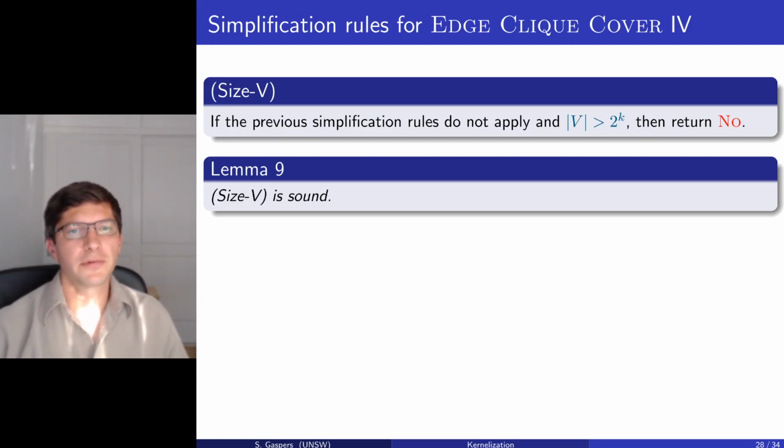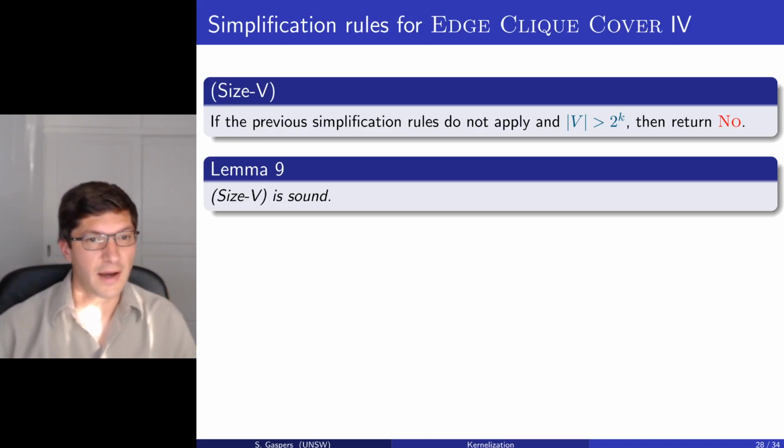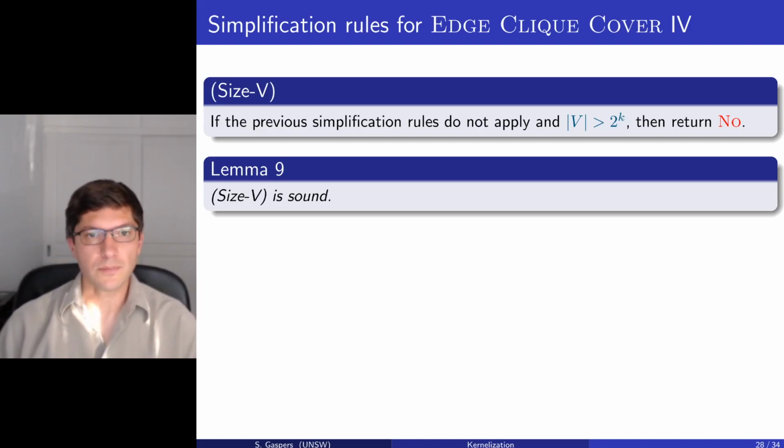Our next simplification rule is again a size restriction.